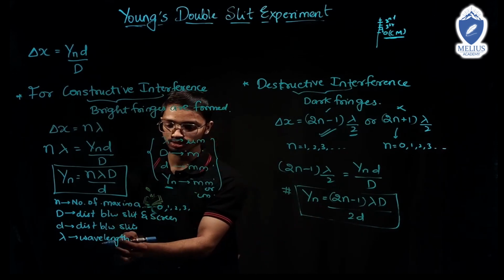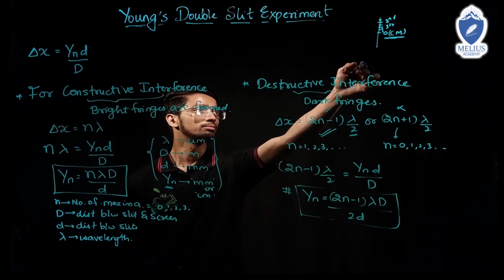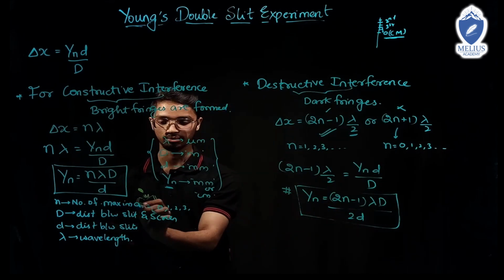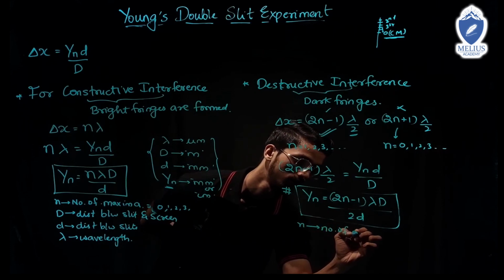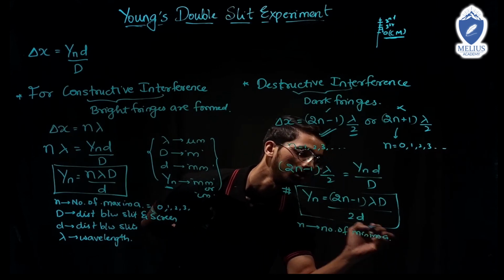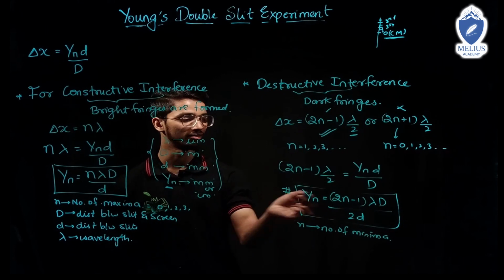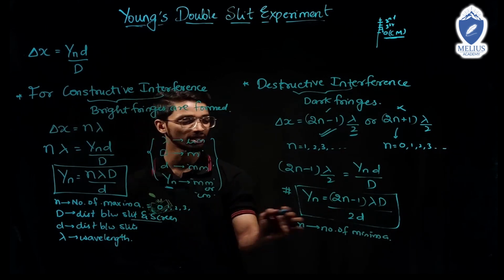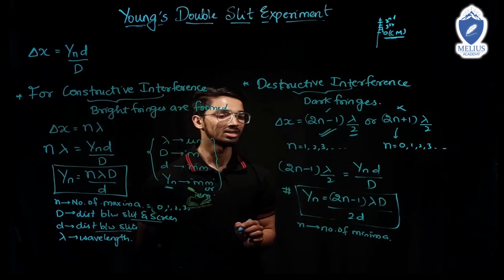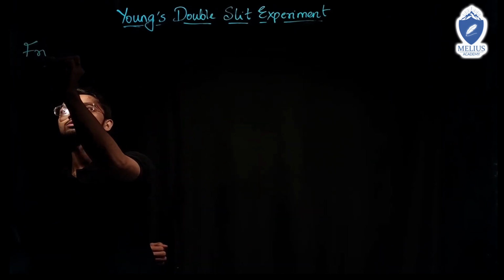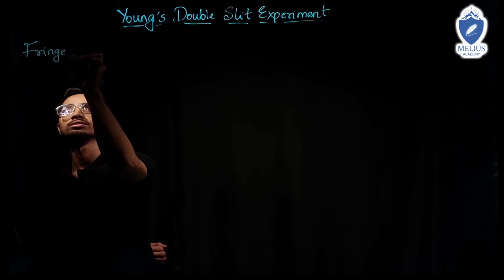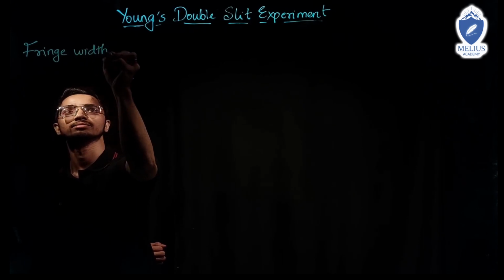Same thing here, yn is the distance of minima, n is the number of minima, and lambda is as usual wavelength, capital D is distance between the slit and screen, small d is distance between the slits. Okay, now let us find the fringe width, which is the most important one in this experiment.